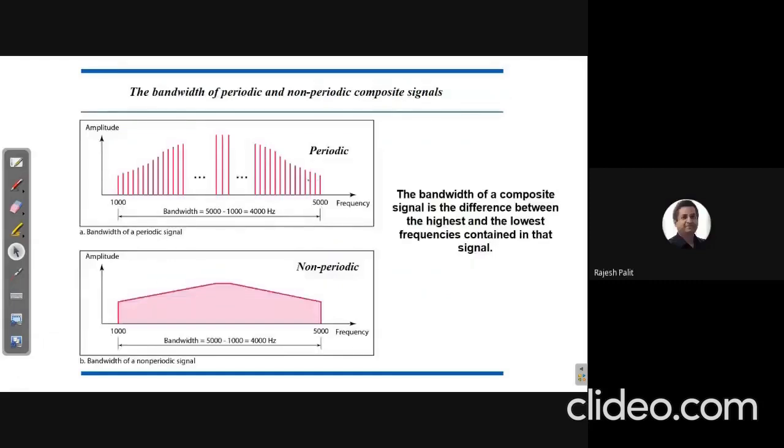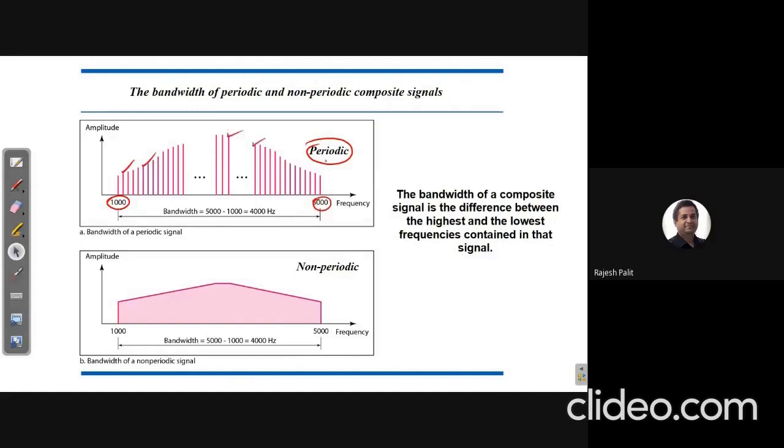So for a periodic composite signal, the decomposition is discrete frequency. That means simple signals with discrete frequencies. You see, the lowest frequency is 1000, the highest frequency is 5000, and at different points we have different components.